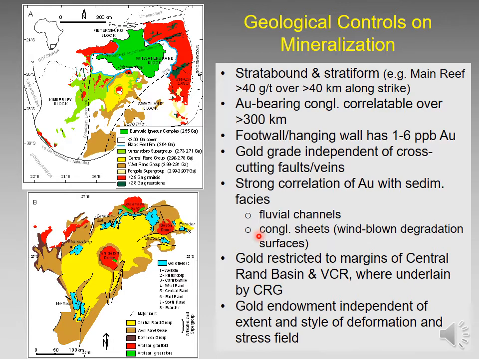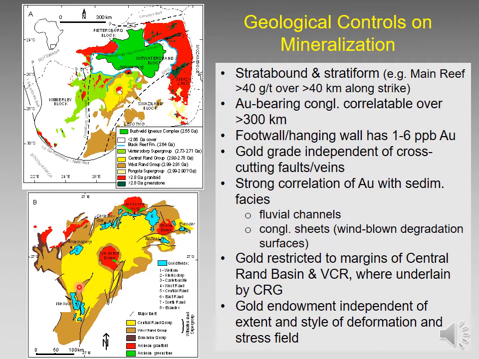On a larger scale, just look at the spatial distribution here of the gold fields. They're all located along the margins of the Central Rand Basin. And then we have, of course, the Ventersdorp Contact Reef, the VCR, as an important ore body.